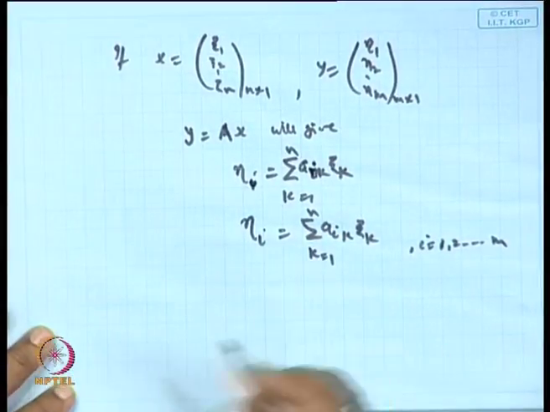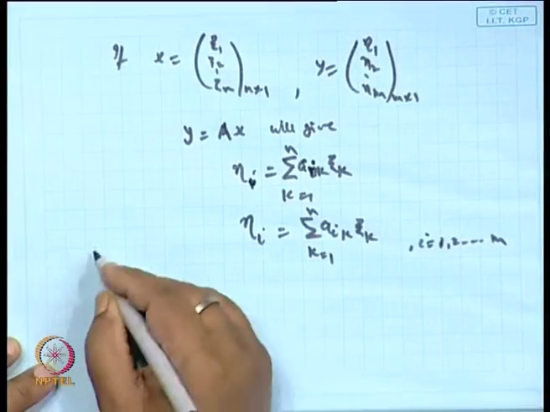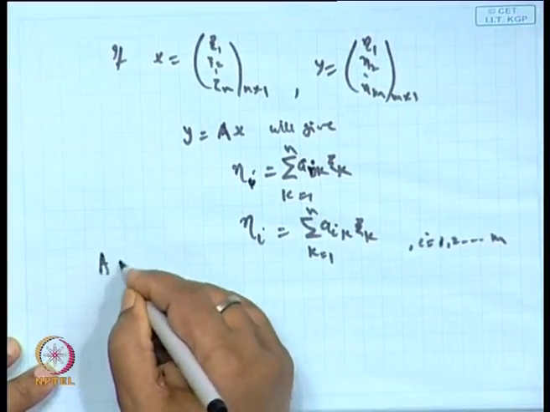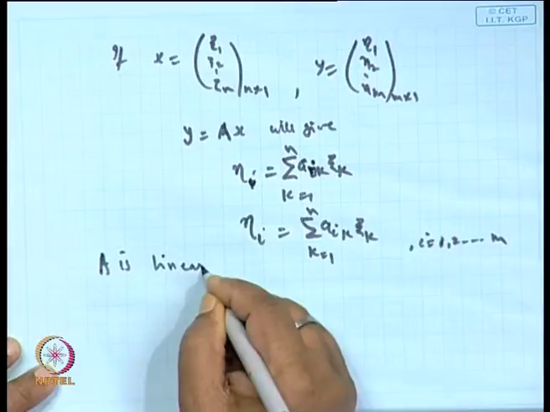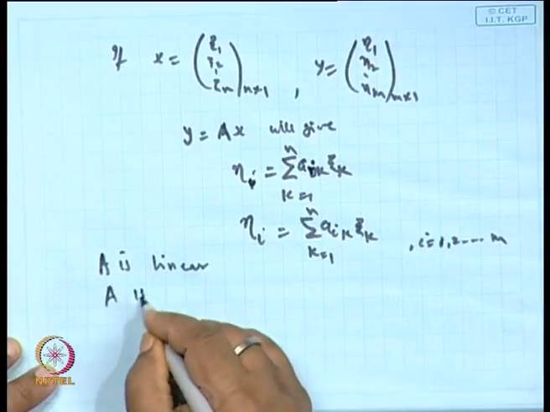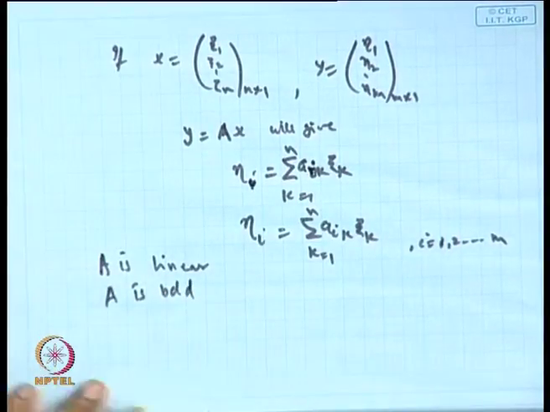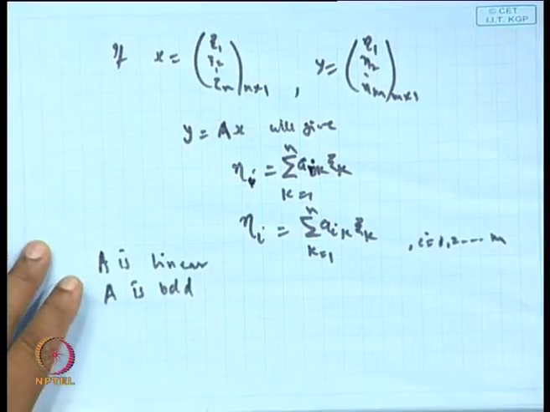Now, let us see the matrix A. We have seen that matrix A is linear. Now, we also claim A is bounded. It is not only linear, it is bounded. Why?